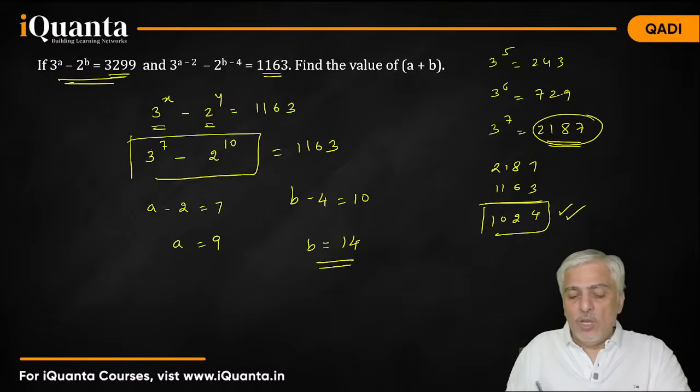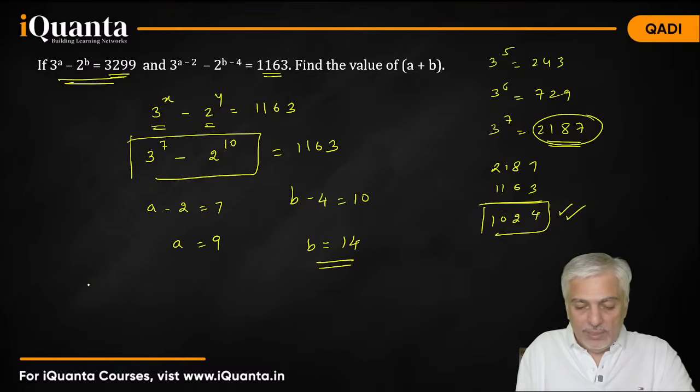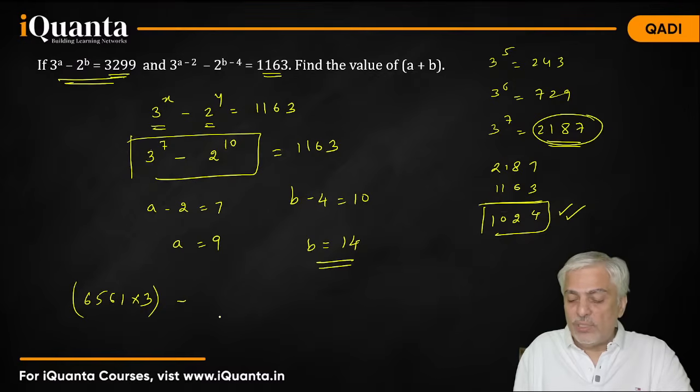Okay, so now on the other side, as I said, I just have to check it over there. 3 raised to 7 was 2187, 3 raised to 8 will be 6561. So 3 raised to 9 will be 6561 into 3. I want somebody to check this answer. I am not opening the calculator right now. And I want somebody to check 2 raised to 14. 2 raised to 14 will be 1024 multiplied by 16.